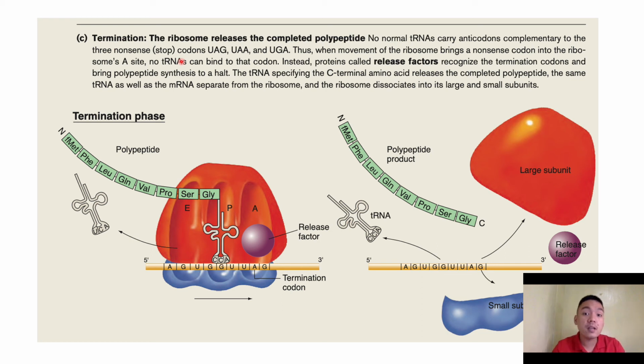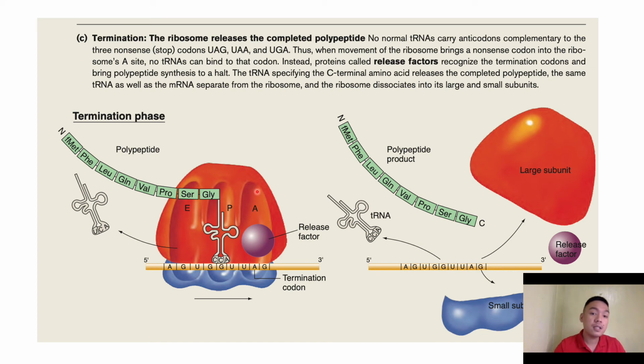Thus, the movement of the ribosome brings a nonsense codon into the ribosome's A site. Proteins called release factors recognize the termination codons and bring polypeptide synthesis to a halt.